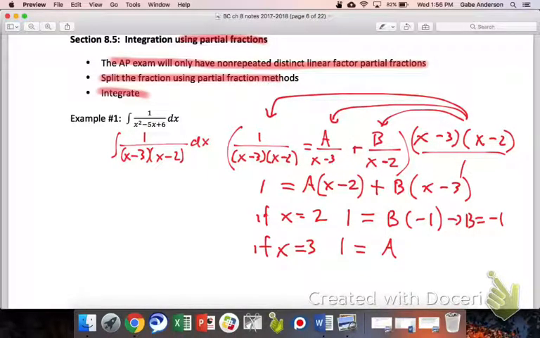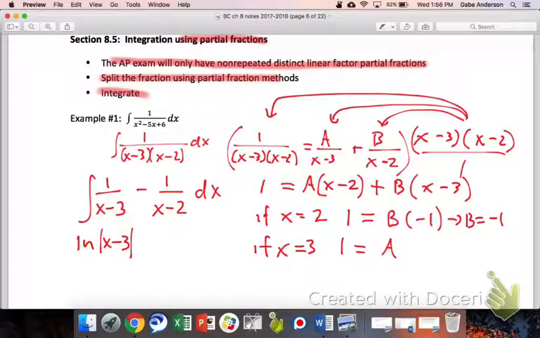So then we can go back and say, well, this really is the integral of 1 over x minus 3 minus 1 over x minus 2 dx. Both of those are nice, beautiful natural logs. So you'd end up with natural log of the absolute value of x minus 3, minus natural log of the absolute value of x minus 2, plus C. One brief note for you.